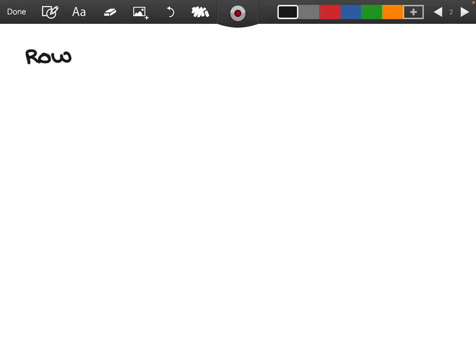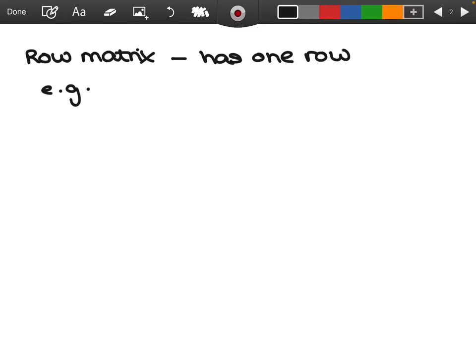If a matrix only has one row, it's called a row matrix. So a row matrix is literally just a matrix with one row. An example of that would be something like this.